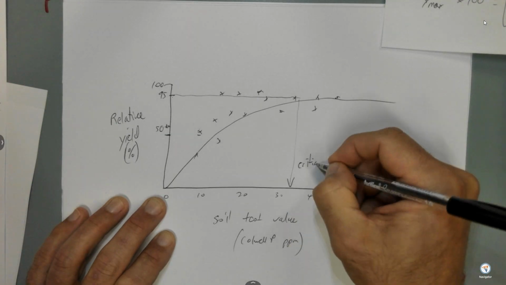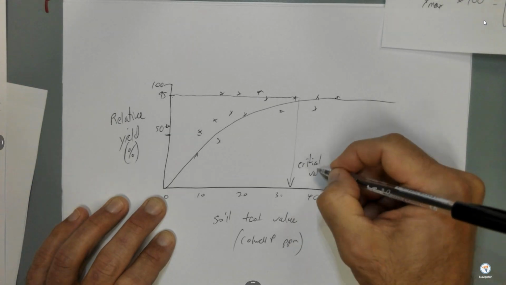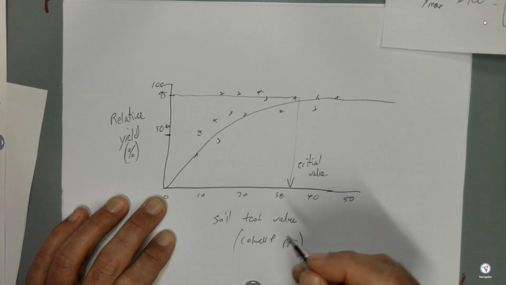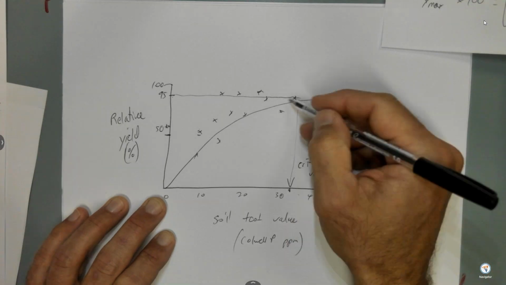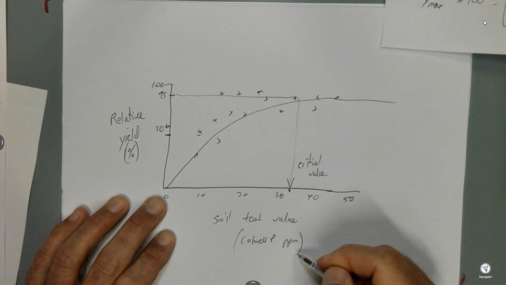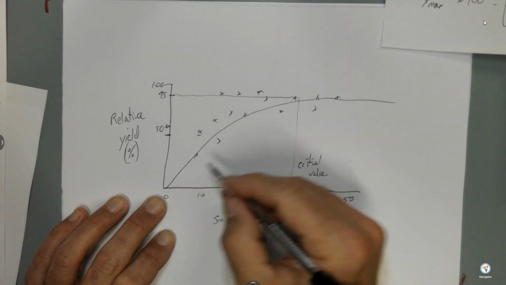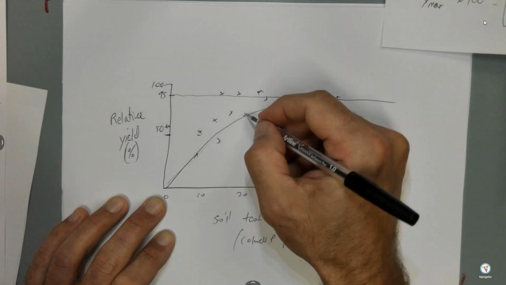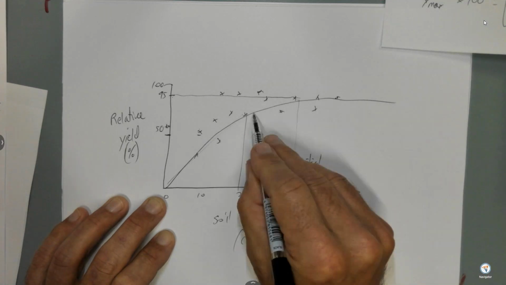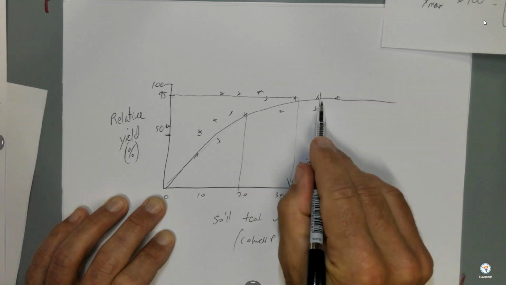Critical value. A lot of people go, right, this is the number I've got to have to maximize yield in terms of P. This curve normally has a really steep bit, a plateauing bit, and then a really flat bit.